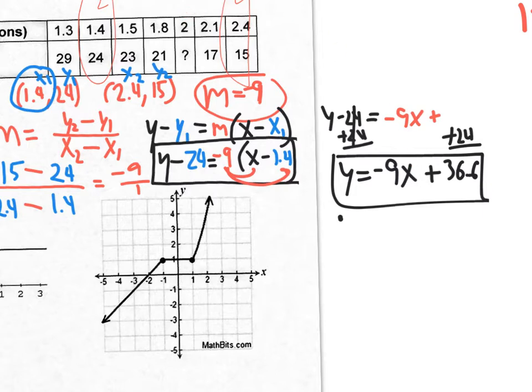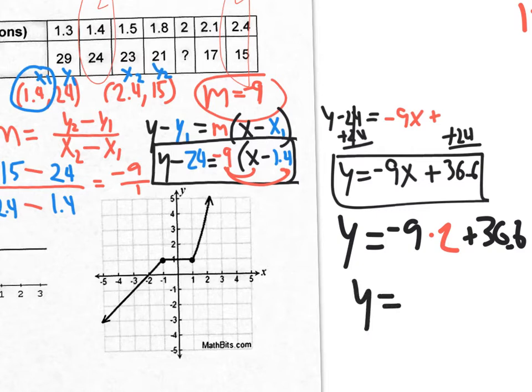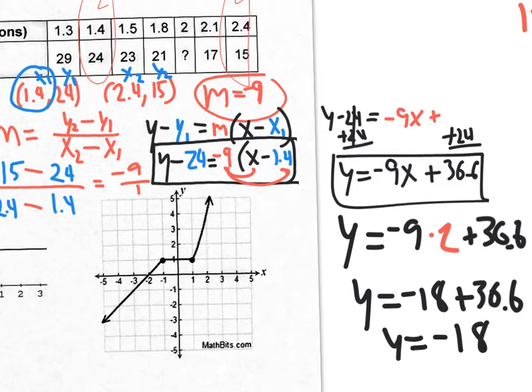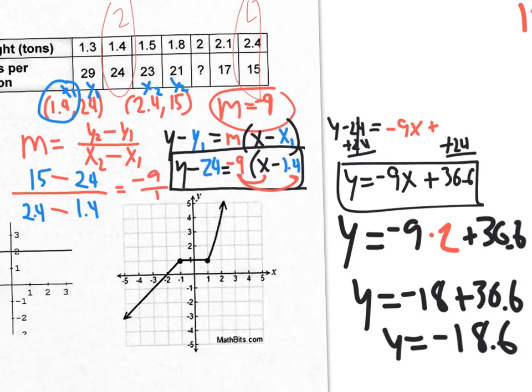So that'll be y equals -9 times 2 plus 36.6. Okay? So that's going to be y equals -18 plus 36.6. And with the calculator, y equals 18.6.